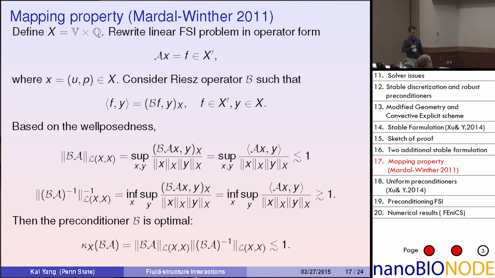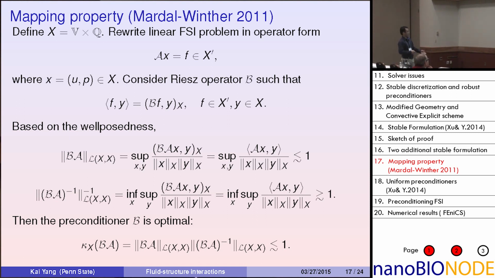So based on the stable formulation, we want to propose some robust preconditioners. This procedure is kind of standard here. We just refer to this mapping property. The mapping property says that given a well-posed variational problem, then the Riesz operator will be an optimal preconditioner.